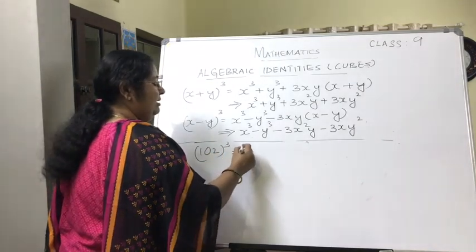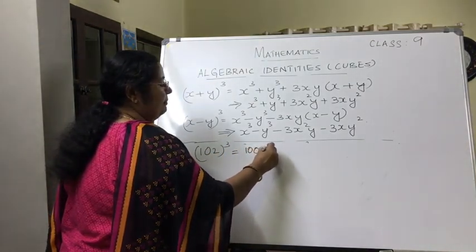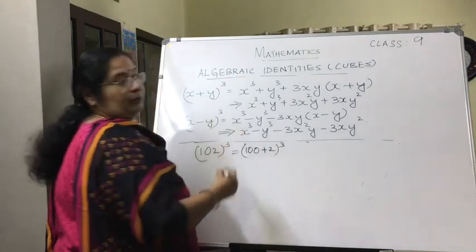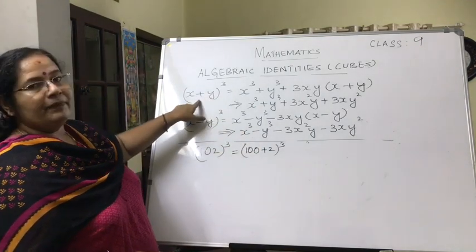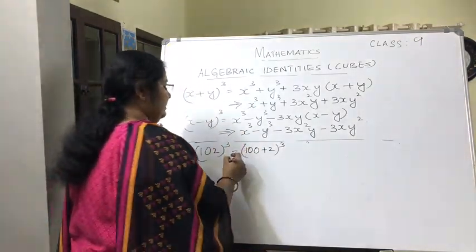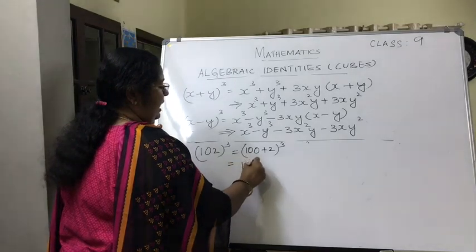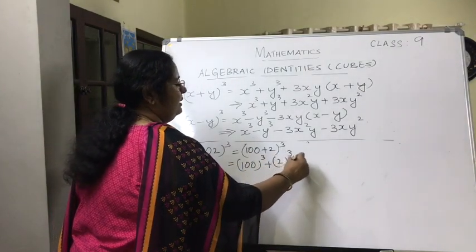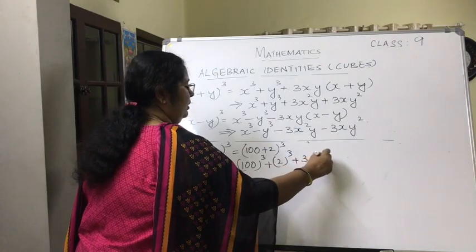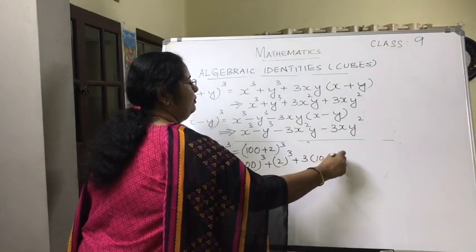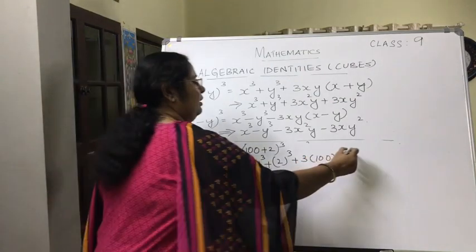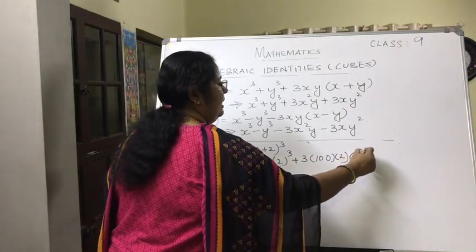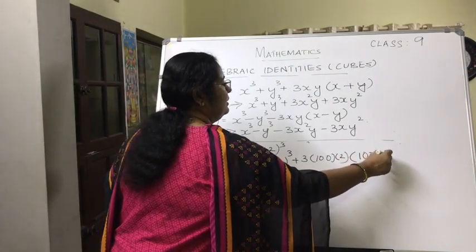So this can be written as 100 plus 2 the whole cube. So this will be of which form? X plus y the whole cube. So now let us expand it. This will be 100 cube plus 2 cube plus 3 into 100 into 2 into 100 plus 2.